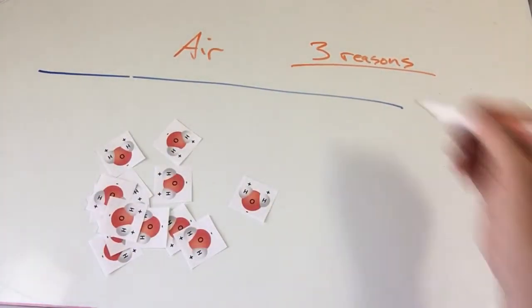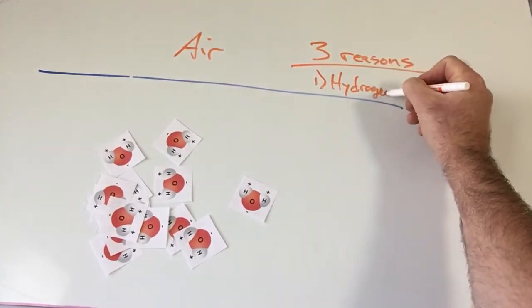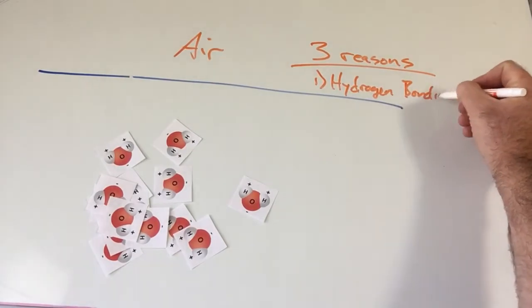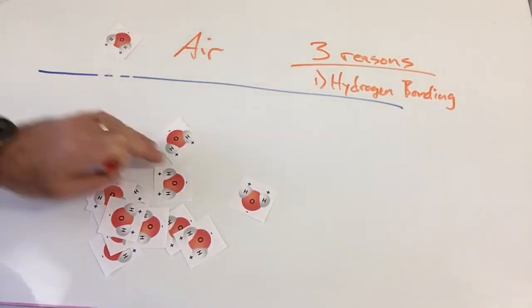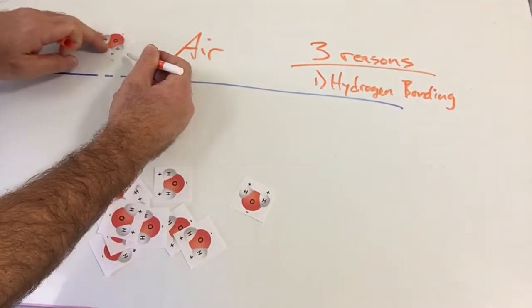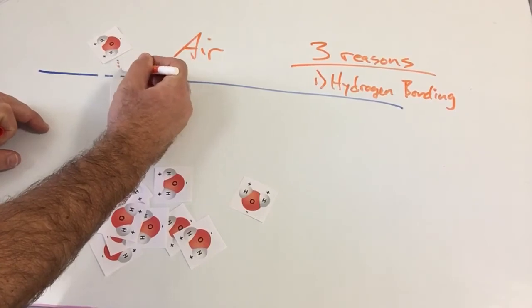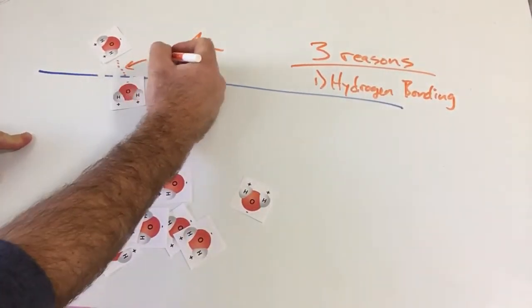One we just talked about: hydrogen bonding. As this guy tries to get out of here, woohoo, I'm out of here, water at the surface goes, oh really? Well, I know you have a hydrogen atom and I have an electronegative atom, so hey, there's a hydrogen bond happening between us.